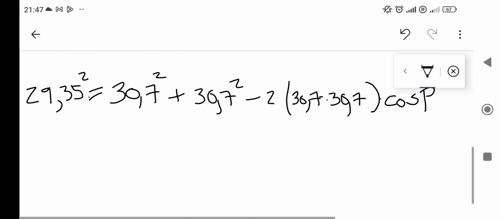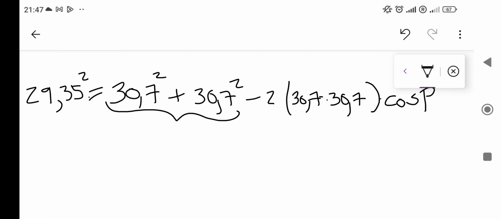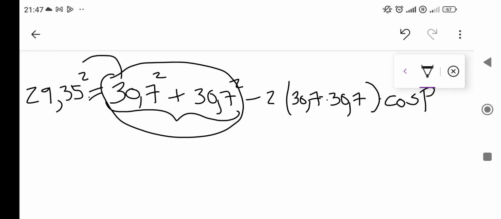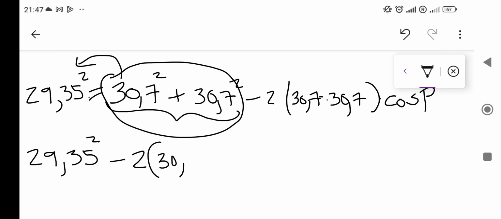So let's get rid of these two first. So we'll take them and subtract them on both sides. So we'll have 29,35 squared minus, I'm going to say, 2 times 30,7 squared, right? On my right hand side, we are left with a negative 2, and that is 30,7.